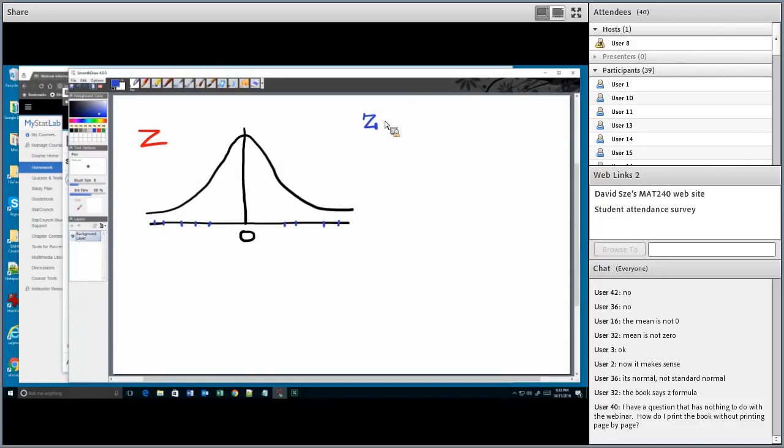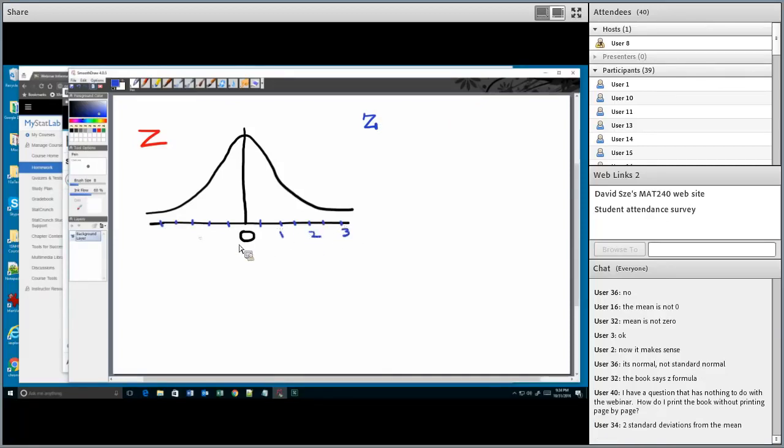Tell me where would be z equals 2. Maybe I should draw better units. So I'm going to say that this is 1, this is 2, 3, minus 1, minus 2, minus 3.